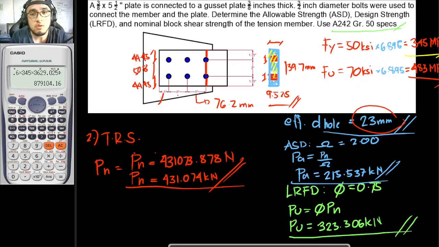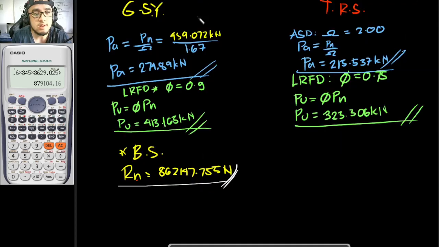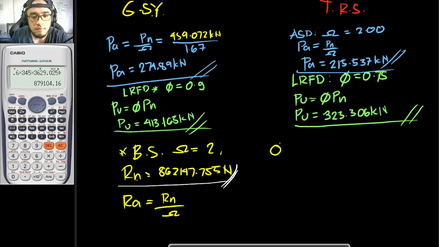But if you are to solve for its allowable strength and its design strength, the allowable strength Ra is Rn over omega. Our omega here would be equal to 2. And for our LRFD, our phi is equal to 0.75. Depending on what you are solving: if you are solving for ASD, use this.